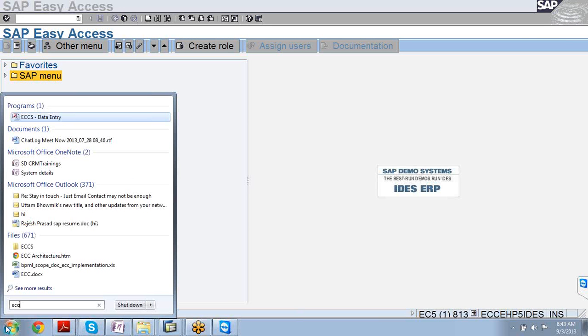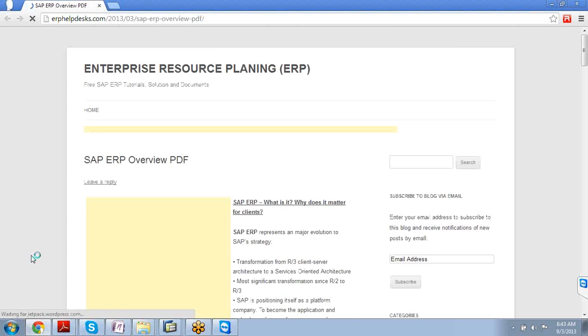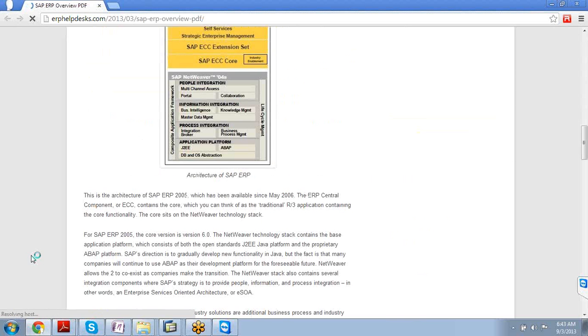Client is Java. We create client applications in Java, which are browser driven. ABAP is for server programming.